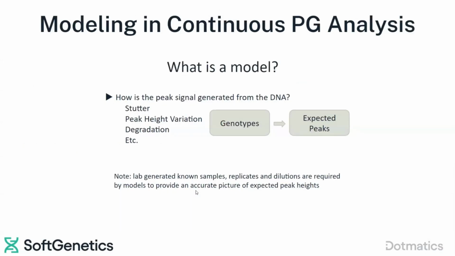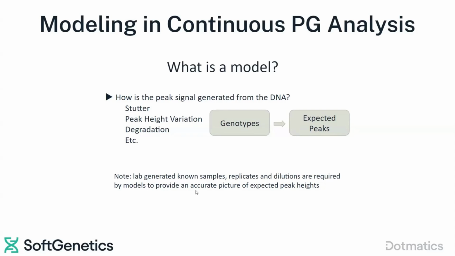Modeling with continuous PG analysis is an excellent helpful tool. What the model is doing is looking at characteristics like stutter, peak height variation, degradation, allele sharing, and it looks at the genotypes that are in the sample and then presents different models that would explain those peaks, what would be expected given a certain model.